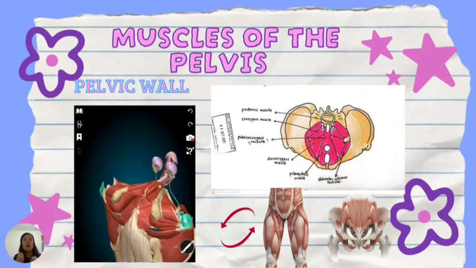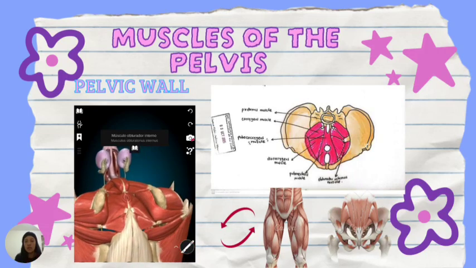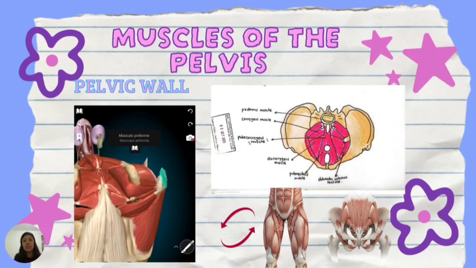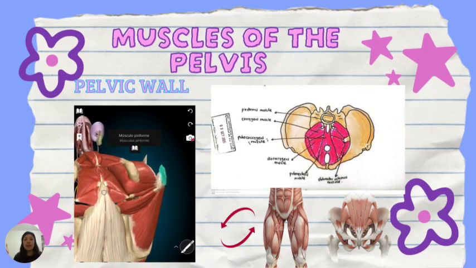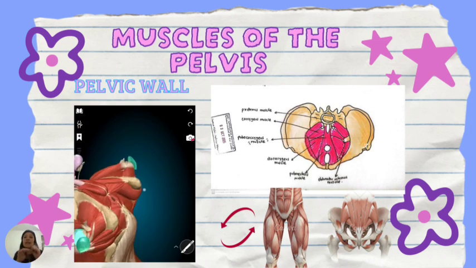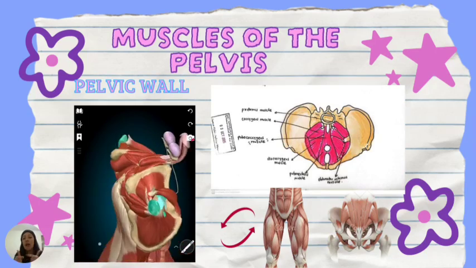Here we have the other classification, the pelvic wall muscles. We have the obturator internus, which lines the lateral wall and exits through the lesser sciatic foramen, laterally rotating the thigh.